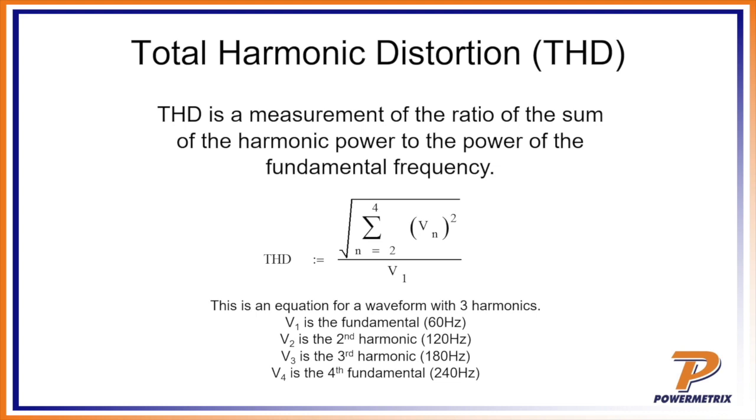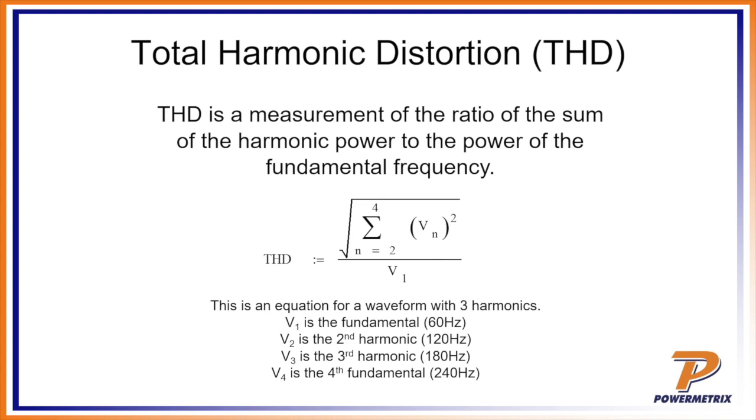Before we get more into the details of harmonics, how it's affecting our power, let's talk about how harmonics are measured. The measurement unit for harmonics is THD, which stands for total harmonic distortion. THD is the measure of the ratio of the sum of the harmonic power to the power of the fundamental frequency.